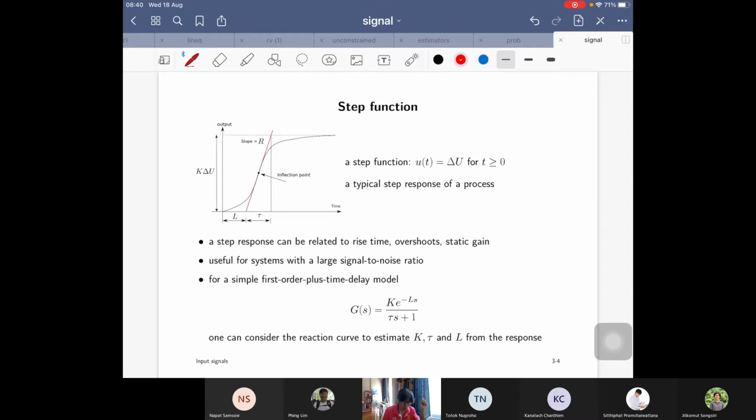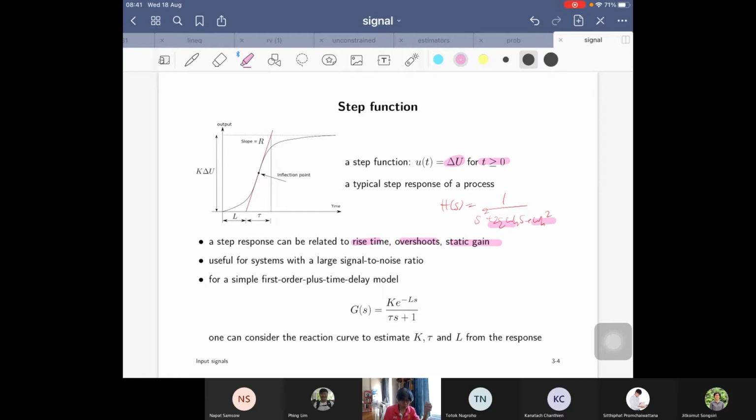The first one is very simple: the step function. A step function is a constant for positive t. When you learn about linear systems, we often start with a second order system because it's simple. Its time domain response can be derived in closed form, so you can associate the rise time, the overshoot, and the static gain with the system poles and the coefficients of the transfer function.